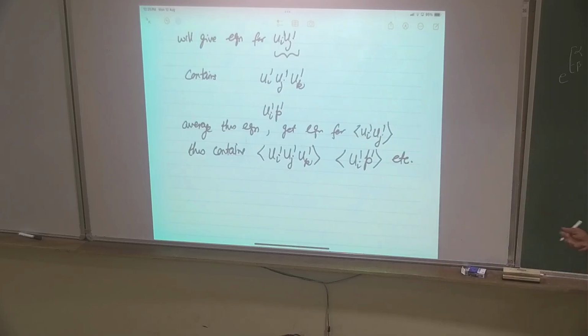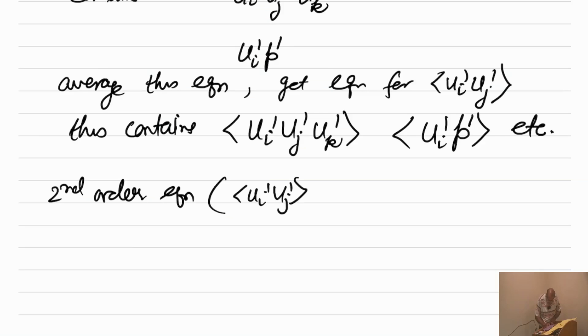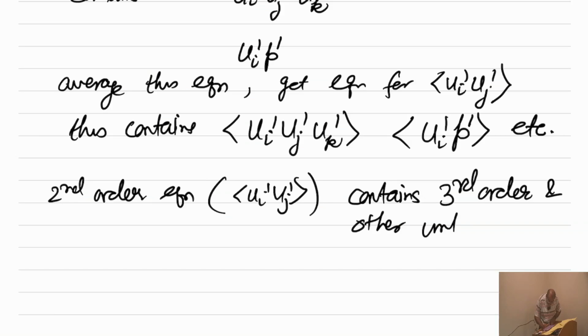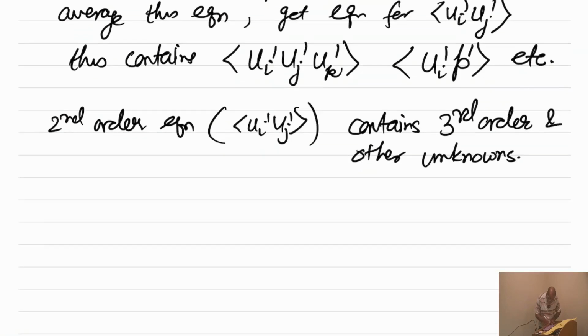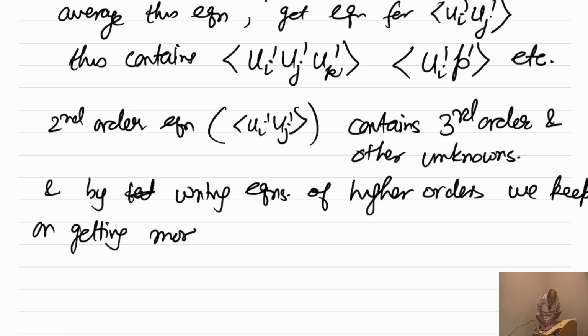So therefore, this averaging procedure will never close. The second order equation, which means the equation for ui prime uj prime, contains third order and other unknowns, and by writing equations of higher orders, we keep on getting more unknowns.